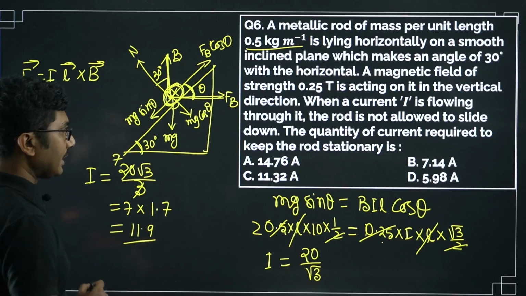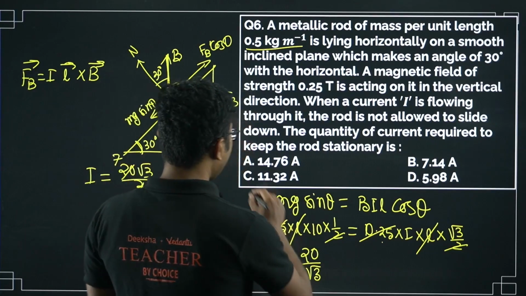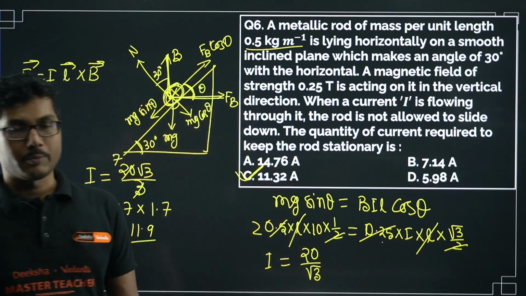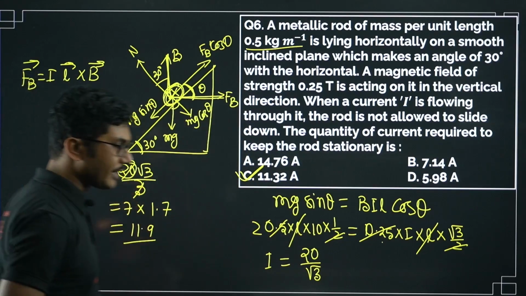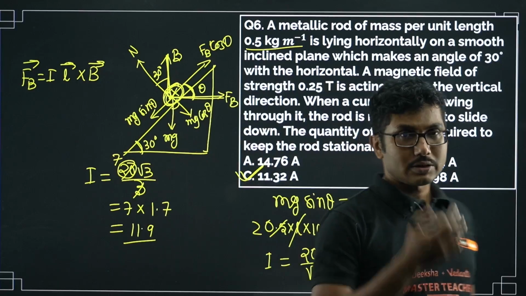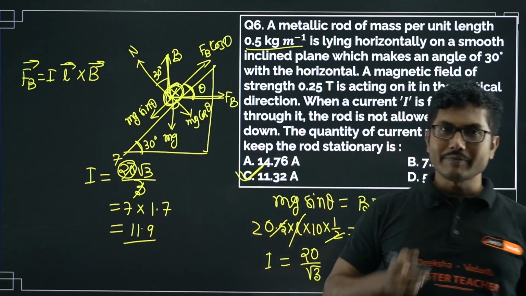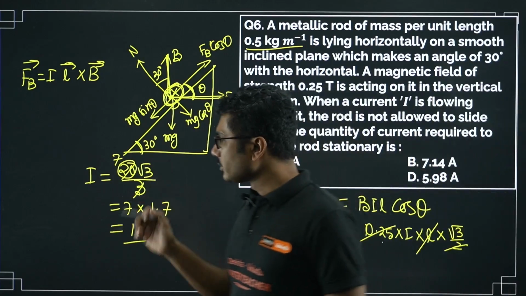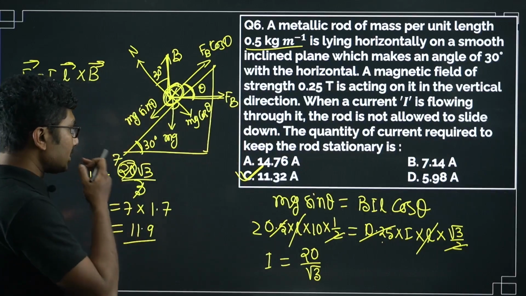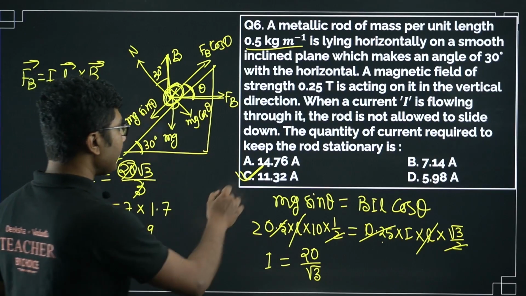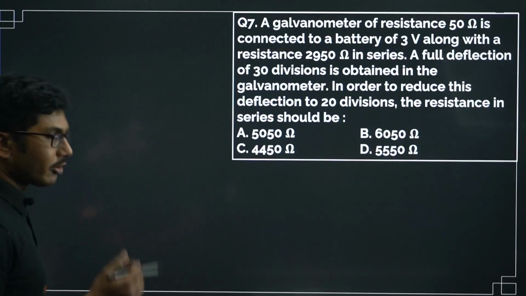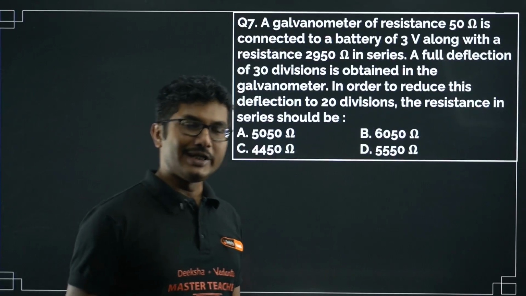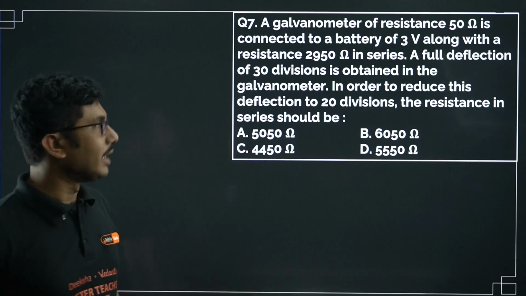Okay, 11.9 is the approximate answer, and from the given answer it will be 11.32. Why 11.32? First of all, we have increased 20 to 21, so our answer should be less than whatever we have calculated, right? So this is how you can do the approximate calculation. Approximation is a very important tool in the preparation for KCET. Not only KCET, it is required for NEET, JEE Mains and Advanced as well, right?